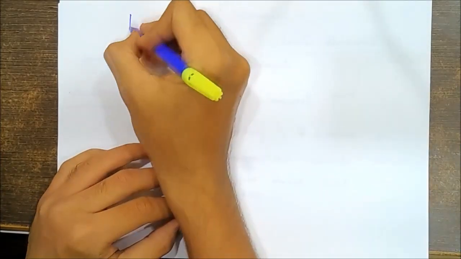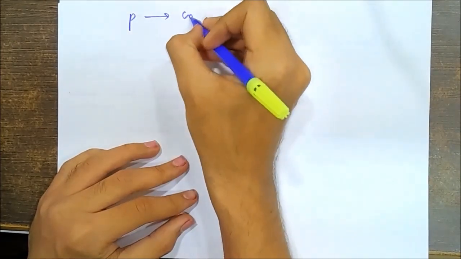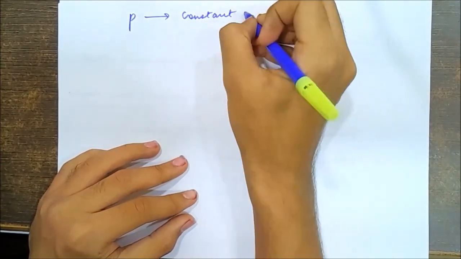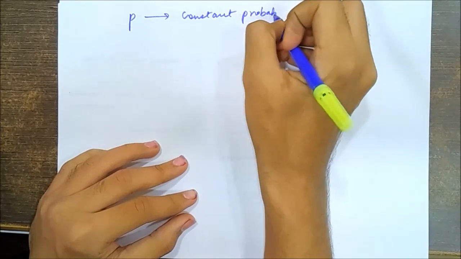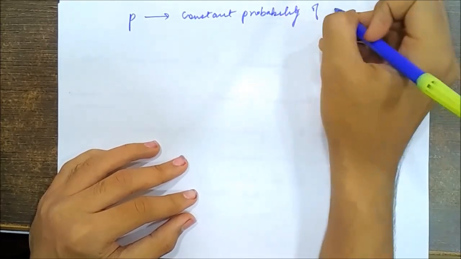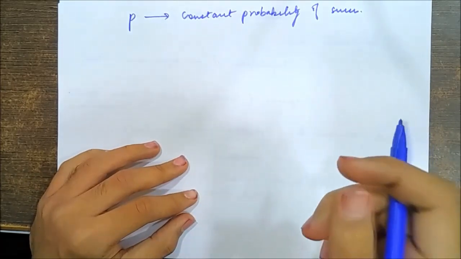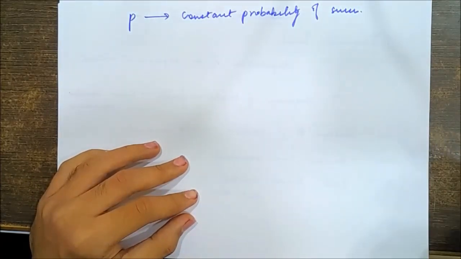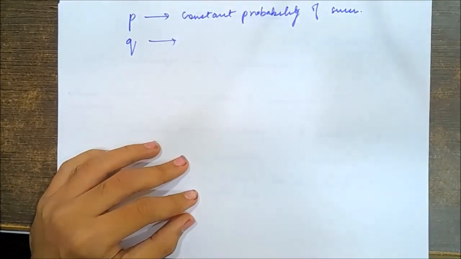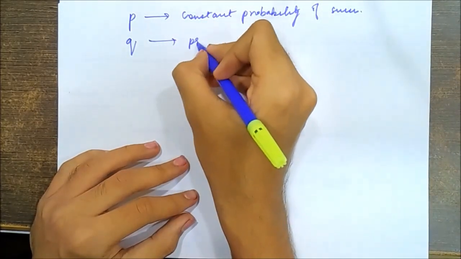So now, what is binomial distribution? Coming to binomial distribution, let p be the constant probability of success at each of the Bernoulli trials, and q that of failure.